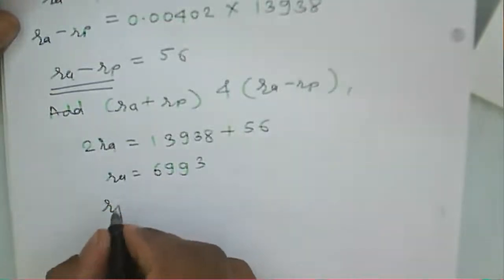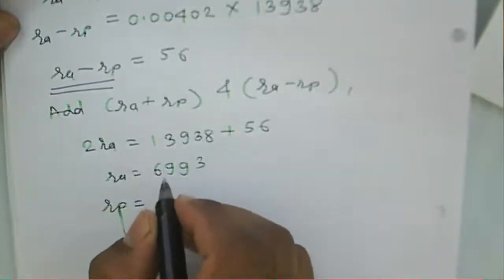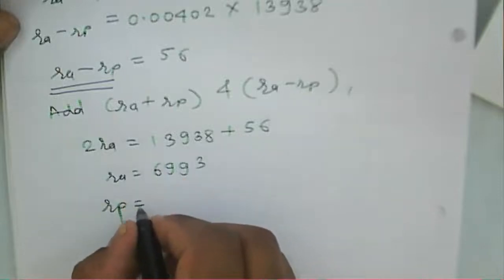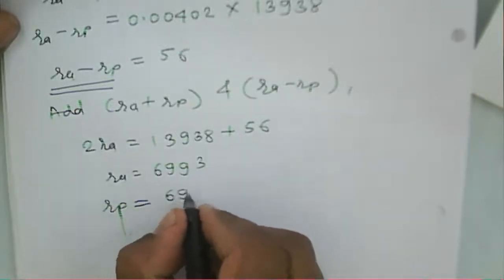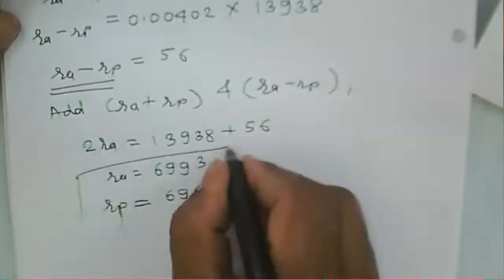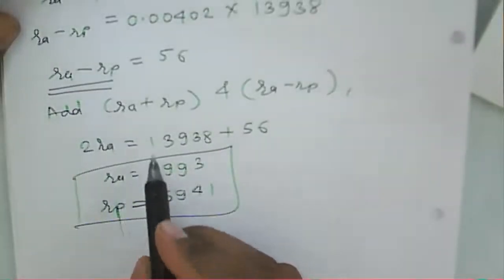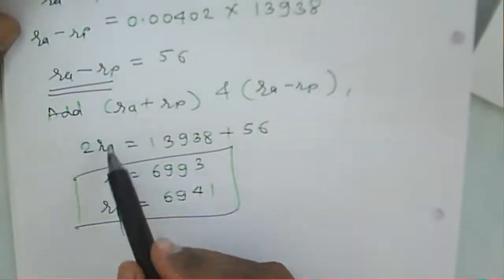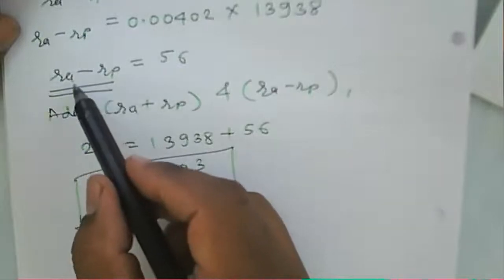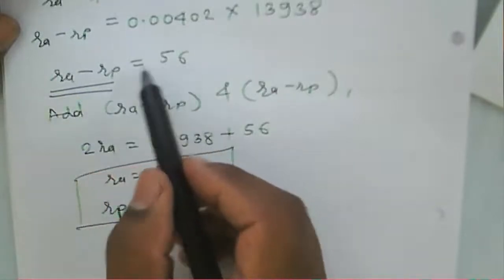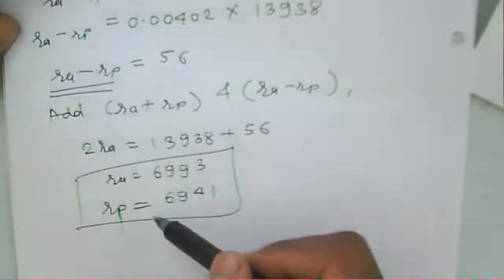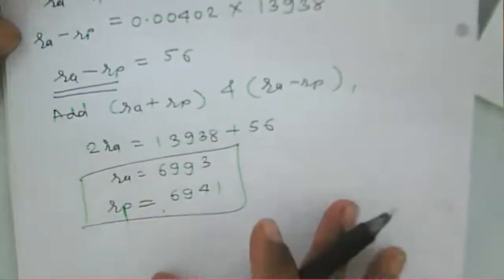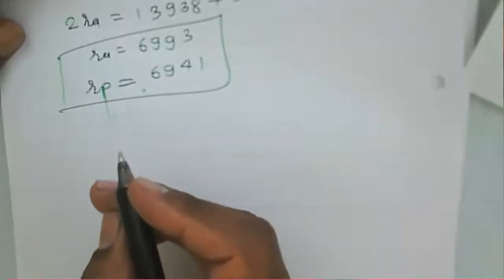Similarly, we can calculate that RP is equal to 6941. Once we obtain the RA, we can put that RA here. RP is equal to RA minus 56, that is 6997 minus 56, and we get RP.